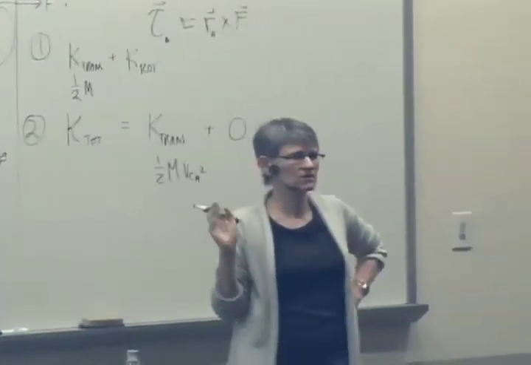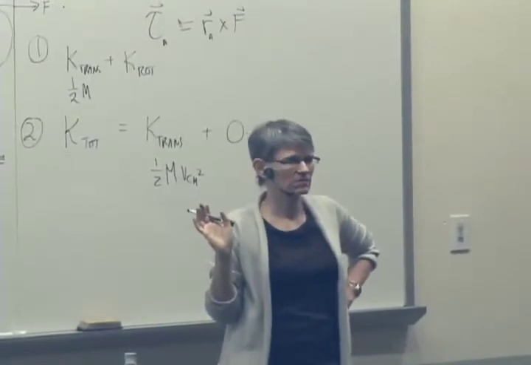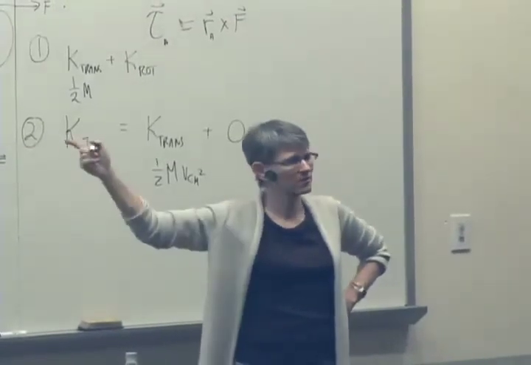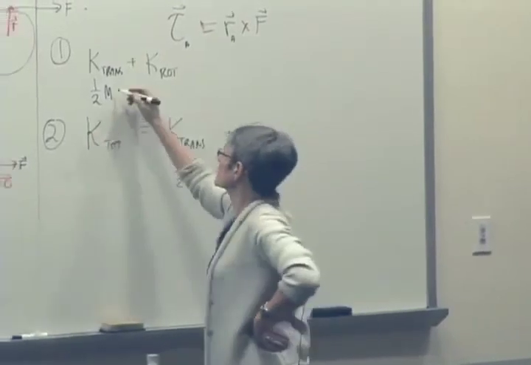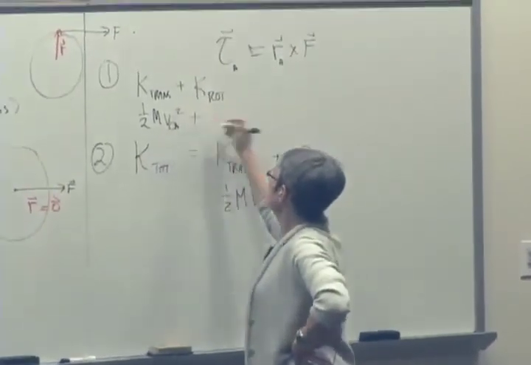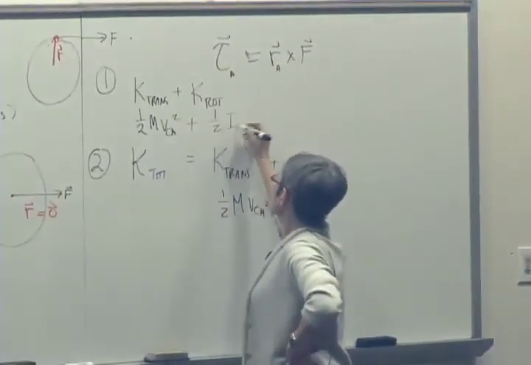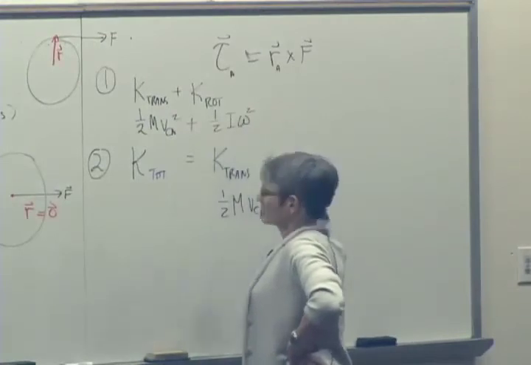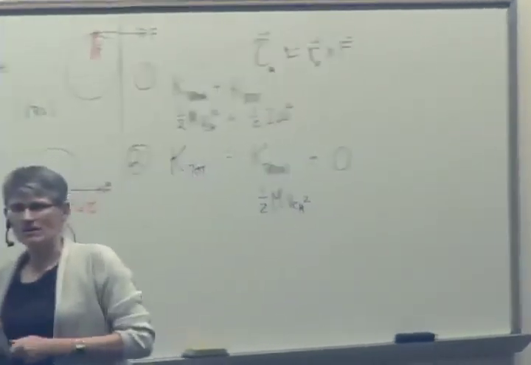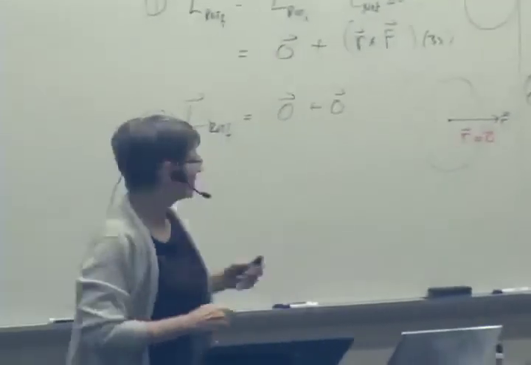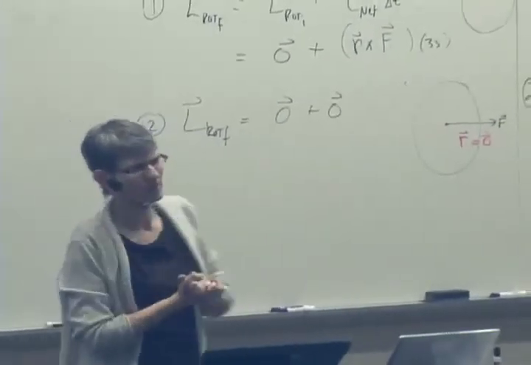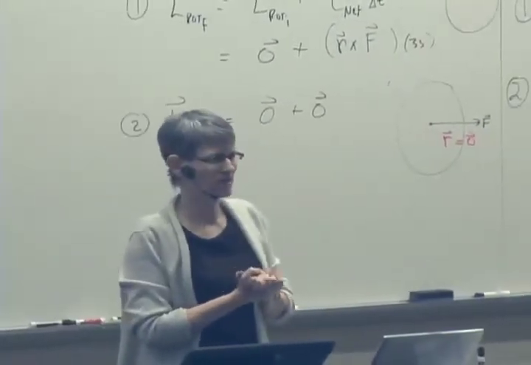V center of mass is the same. Yeah, we said it was because the momentum change was the same, right? So we have V center of mass squared. And then we have this rotational kinetic energy. So it actually should have more energy. Now that's interesting. Wonder where that extra energy came from.